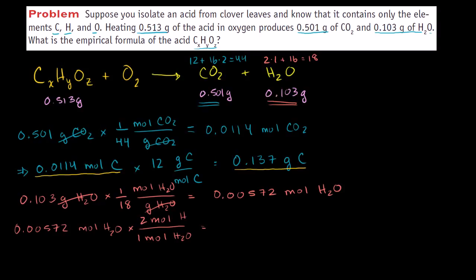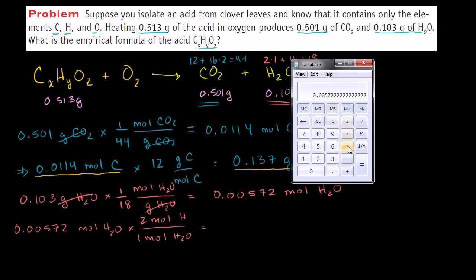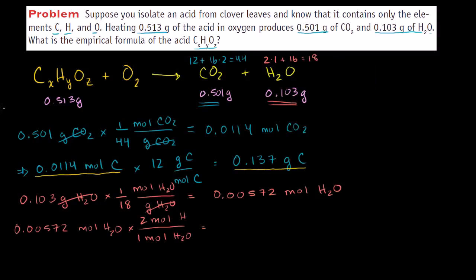So let me get back, let's multiply it by 2. So times 2 is equal to 0.114. So this is equal to, let me get that back. I always forget how many zeros there are. Okay, so it is equal to 0.0114 moles of hydrogen.